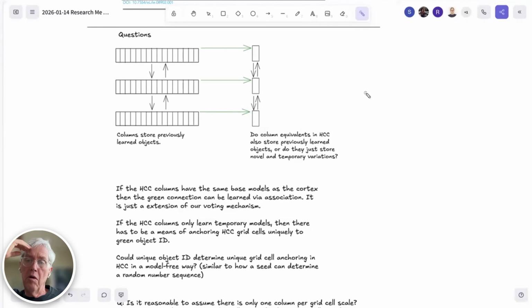I don't know if we worked out all the details in that, but that was great, because it basically says you can have your cake and eat it too. You can have your existing models, and you can have variations on them, and you don't have to mess with your existing models right away. That can be learned much more slowly.